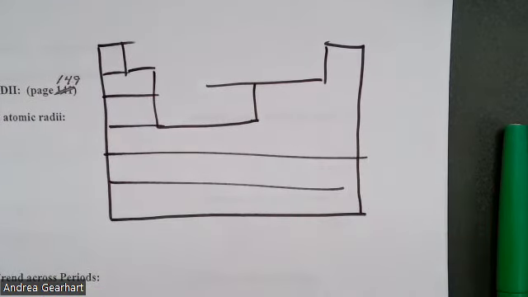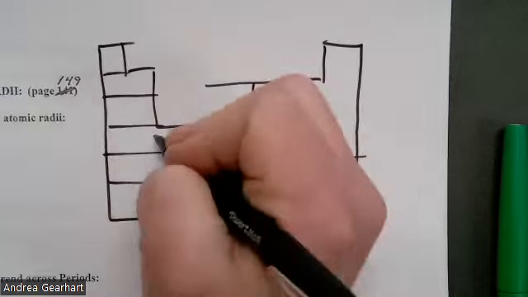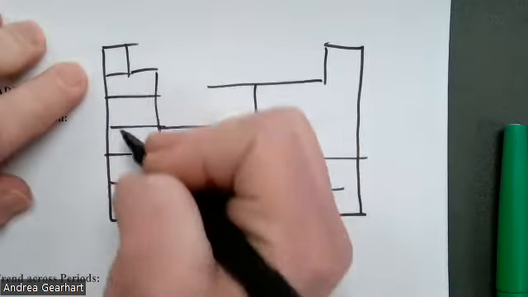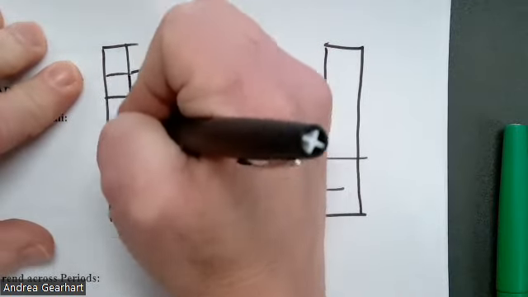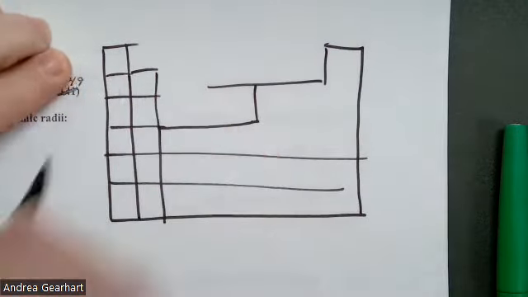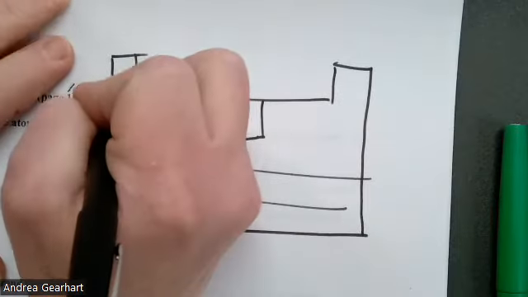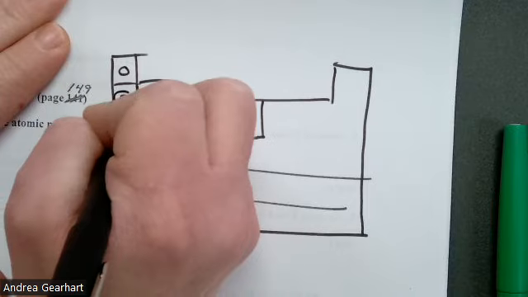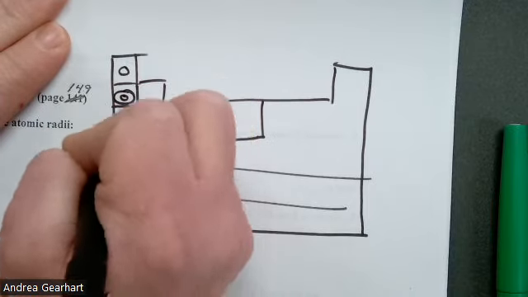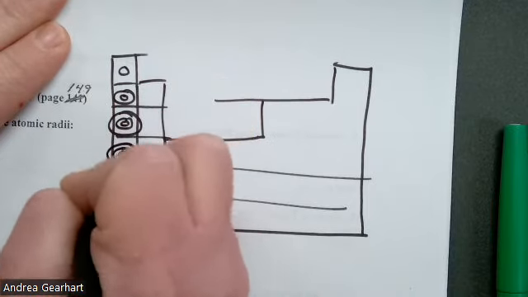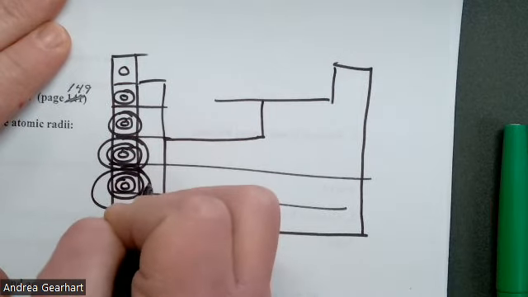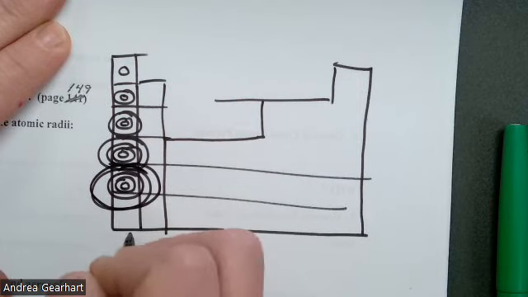I'm just going to write 5 and then 18 columns. Okay, well, nucleus is getting more and more powerful down a column. However, our energy levels, first energy level, second energy level, third energy level, 4 energy level, 5, whoa, 6.